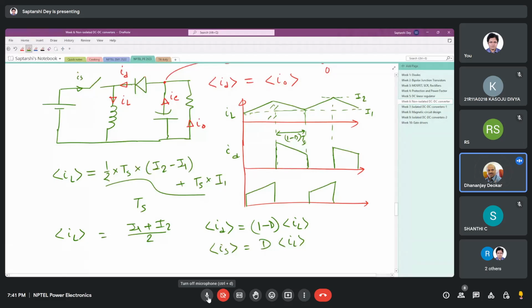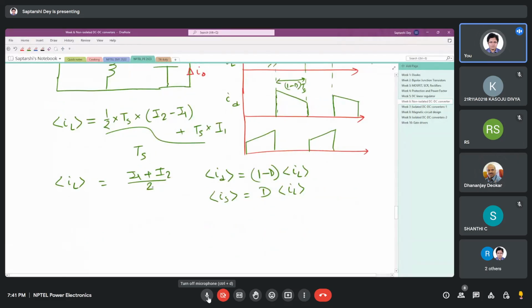Now the powers must be the same. Input power should be equal to output power.